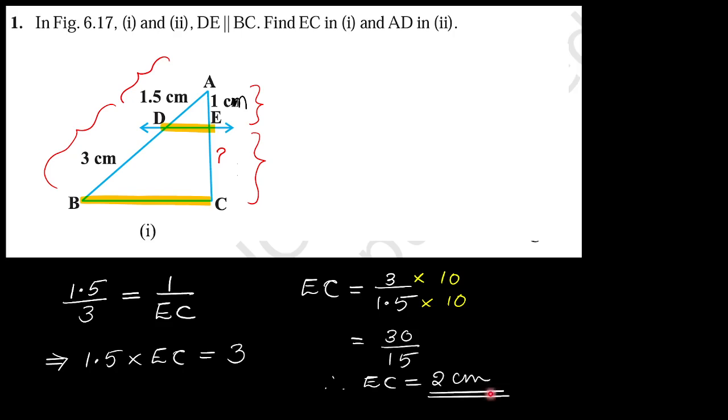So I hope you have understood. Since a parallel line is drawn, the left side ratio equals the right side ratio. AD by DB equal to AE by EC. So that ratio is written, then do the cross multiplication, you will get the answer.